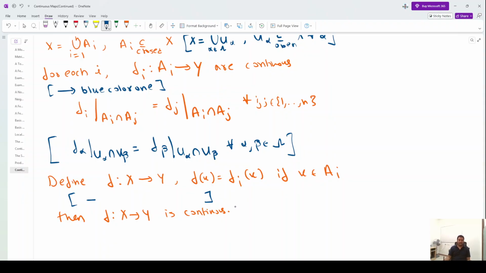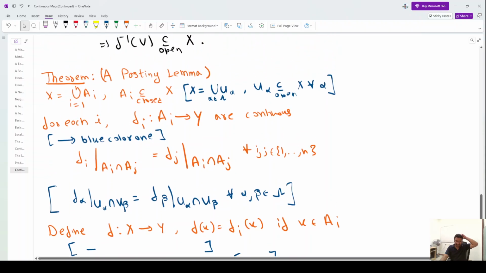Similarly in blue color. Fine. That's what you're gluing, these functions, right? f is basically defined using these A_i or U_i or U_alpha.